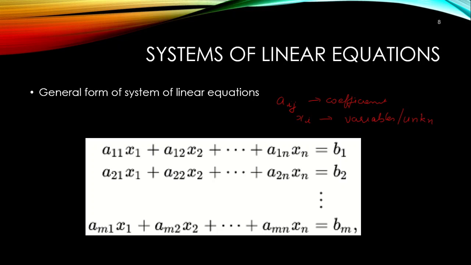So we want to find the values of these unknowns by solving this system of linear equations. And all these aij and bi belong to real numbers.